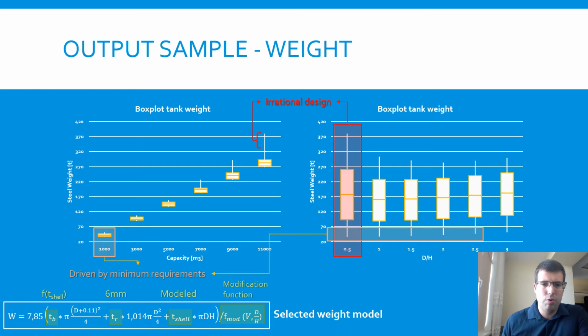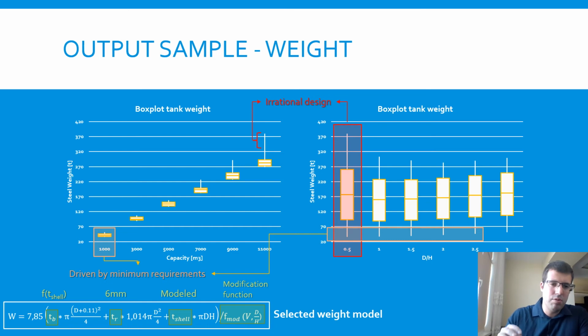So for the weight, we took the modeled thickness, the average thickness of the shell, and applied it in a simple weight calculation using geometry. We also introduced the modification function, which further modifies the weight to account for the items that were not accounted for by this model. If you remember, I said that the roof support, columns, beams, appurtenances are not included, they're not covered by this model.